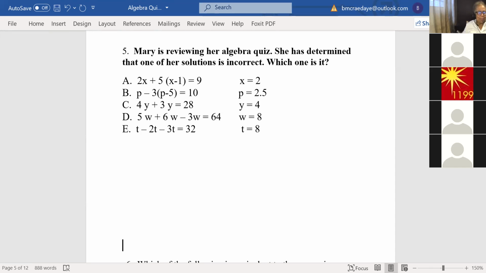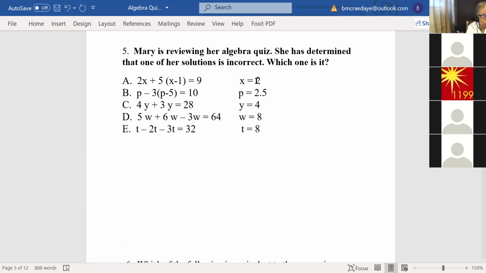All right, let me explain this. What this means is, say for A, 2x plus 5 times the expression x minus 1 equals 9. What it's asking is, are these solutions correct?